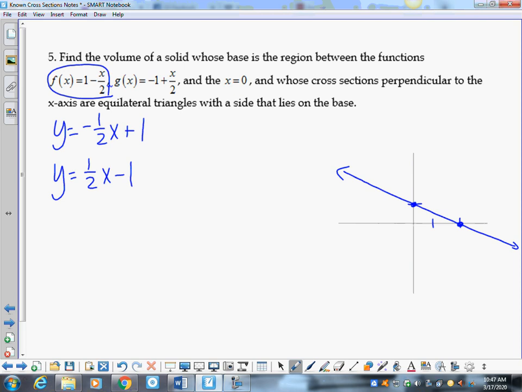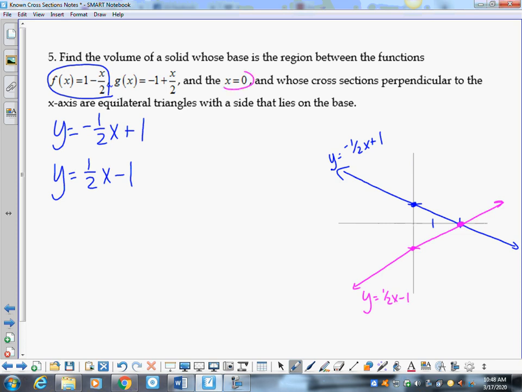So there he is. And you know what? I'm going to label him. And then I'm going to graph the other guy, which is down 1, and then up 1, right 2. And I'm going to label him.